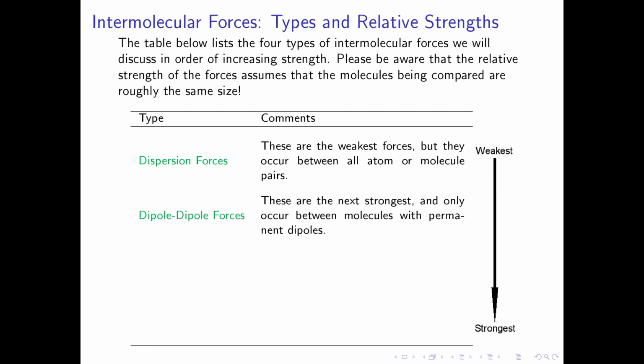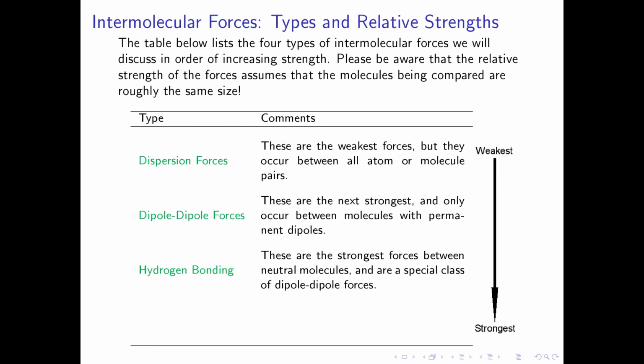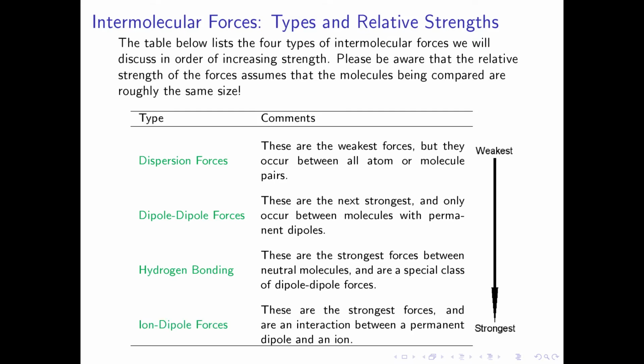These only occur between molecules with a permanent dipole. Next comes hydrogen bonding. These are the strongest forces present between neutral molecules and are a special class of dipole-dipole forces. And the strongest type are ion-dipole forces. These are an interaction between a permanent dipole in one molecule and an ion present near it.